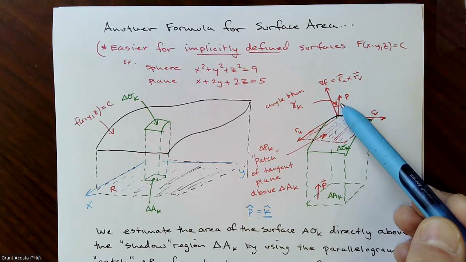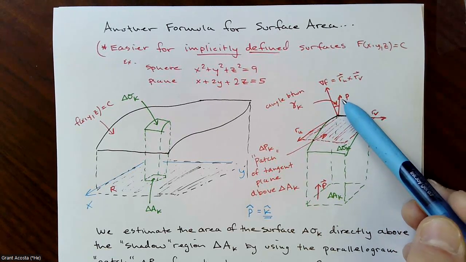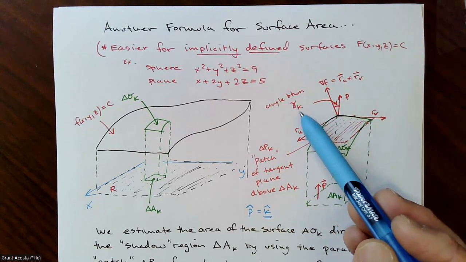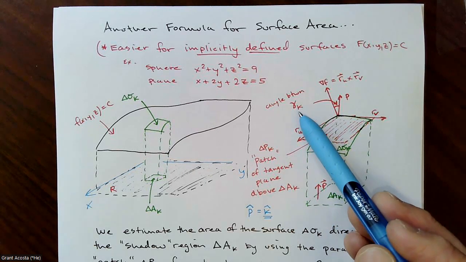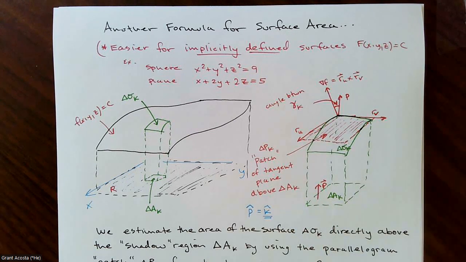So we can see there's going to be a little tiny angle most of the time between the gradient, or r sub u crossed with r sub v, and p, which would be pointing straight up. That angle, I'm going to call it alpha. It looks like a different letter that I'm not sure of the name, but I'm going to call it alpha.